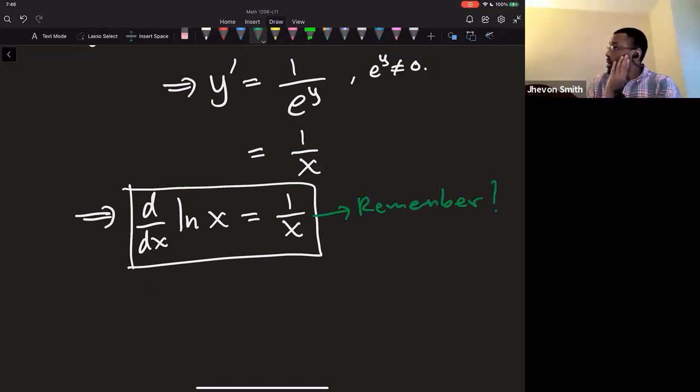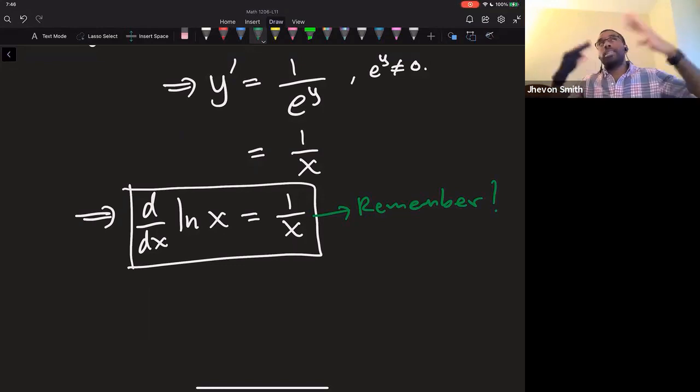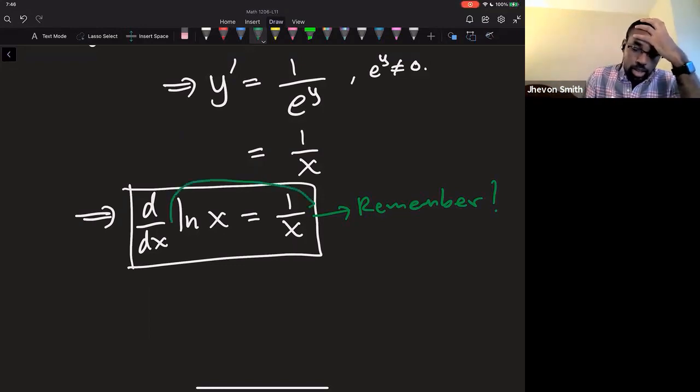And again, this is also something I mentioned yesterday. Remember, when you're memorizing rules and formulas, memorize the entire rules and formulas. Don't just memorize a part of it. A lot of students would memorize only this part of the equation for whatever reason. They would think ln x, and then 1 over x immediately pops into their brain.